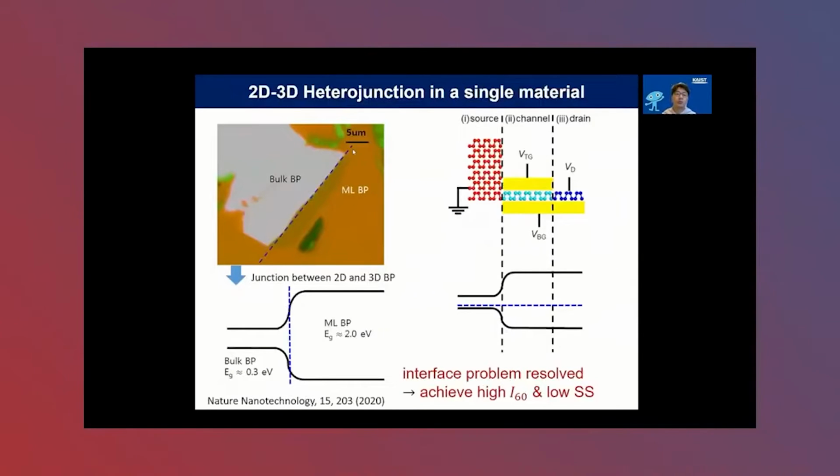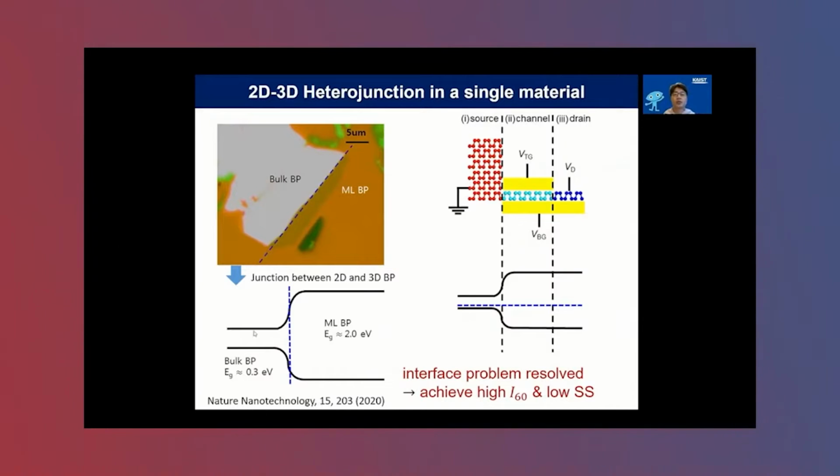So what we devised is that we can make a natural heterojunction by changing the thickness, from bulk to monolayer. Monolayer has a band gap of 2 eV, and bulk has a band gap of 0.3 eV, in the same material without an interface, so it doesn't have any oxide layer or defect or lattice mismatch.